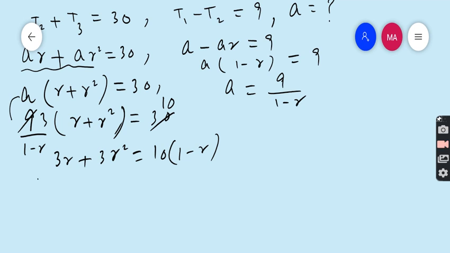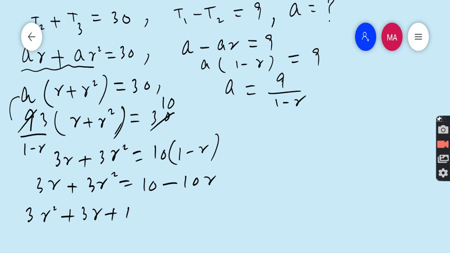So 3r plus 3r square is equal to 10 ones are 10 and 10 into r is 10r. So 3r square plus 3r plus 10r minus 10 is equal to 0.